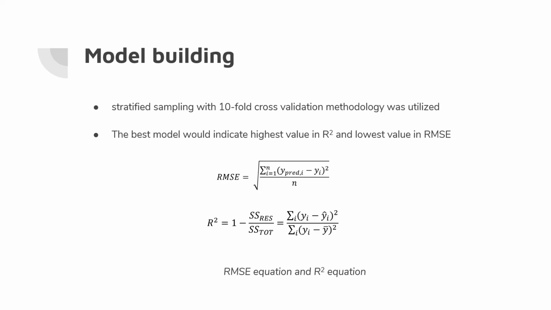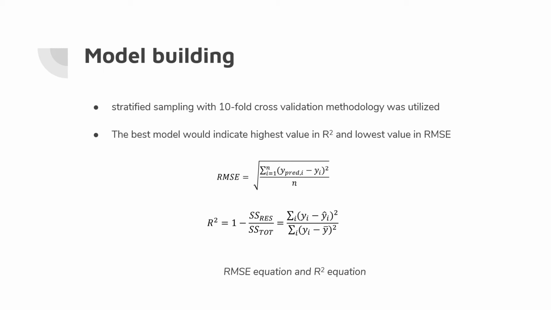For the model building approach, we adopted stratified sampling with tenfold cross-validation methodology. Doing so allowed us to split the dataset into 10 equally sized and mutually exclusive datasets, and sampling was conducted from each of these subpopulations. This is done to improve the overall accuracy.